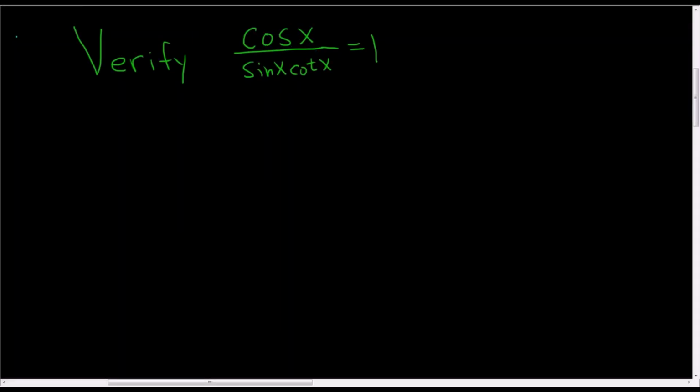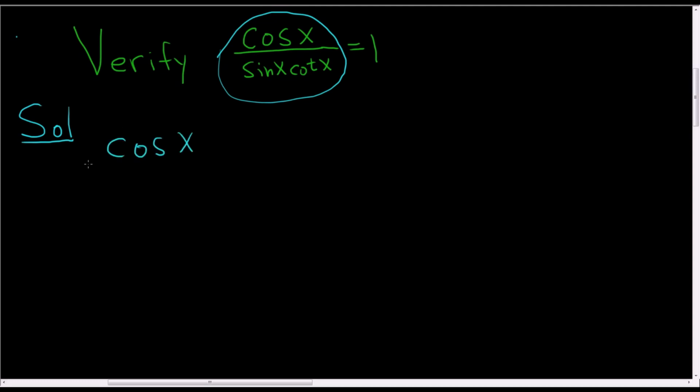We're being asked to verify the following trigonometric identity, so solution. A good rule of thumb when verifying identities is to start with the more complicated side, which is obviously this one. Okay, so let's write it down again. So cosine x over sine x times cotangent x.